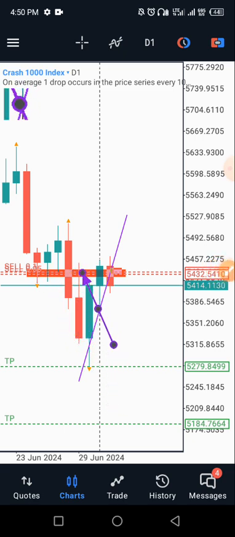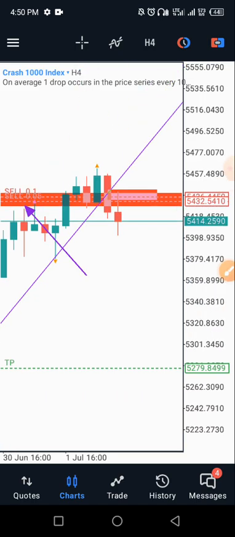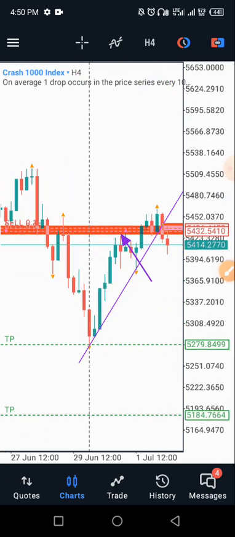You can see the way price sold all the way down, and then price started buying again and bought back to this same resistance level. If we go to the 4-hour time frame, we will notice that this level has become a resistance.